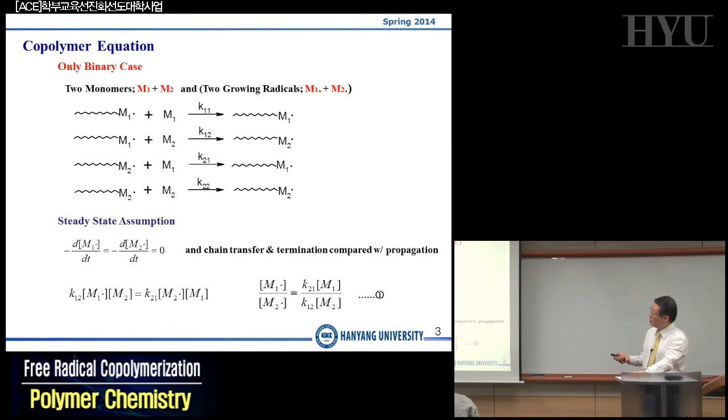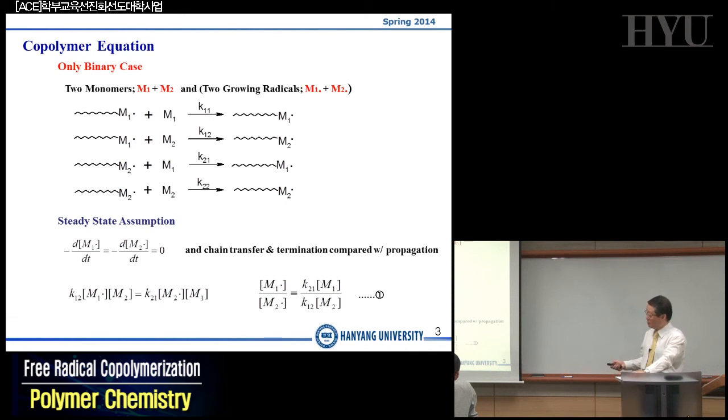We know that the rate of disappearance of M1 dot, expressed as minus dM1 dot over dt, where d over dt is the rate, is equal to the rate of disappearance of M2 dot, and is equal to 0 when you neglect the chain transfer and termination compared with the propagation. And that's what we call the steady state assumption.